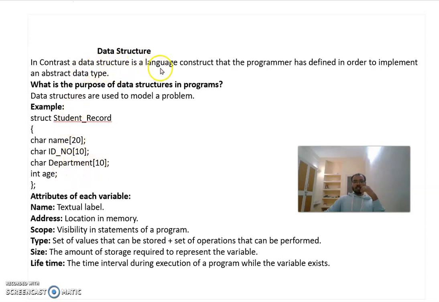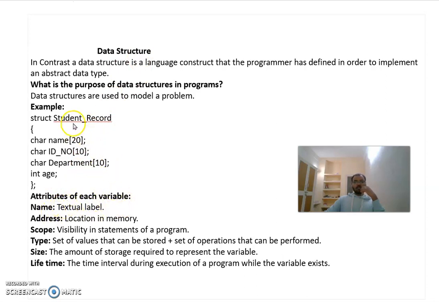The programmer has defined these data structures. We have seen previously the way to organize data in computer memory. So how to organize this data, name, ID, how to store this, is a data structure.